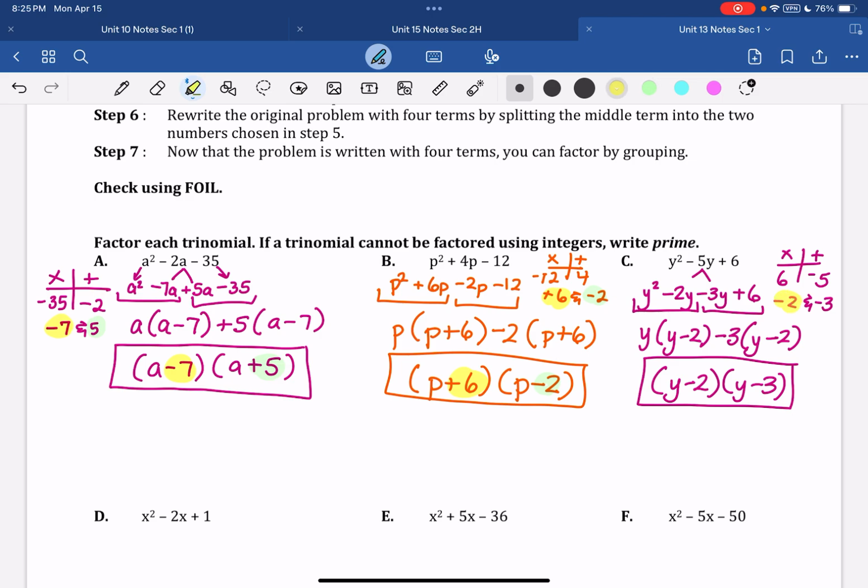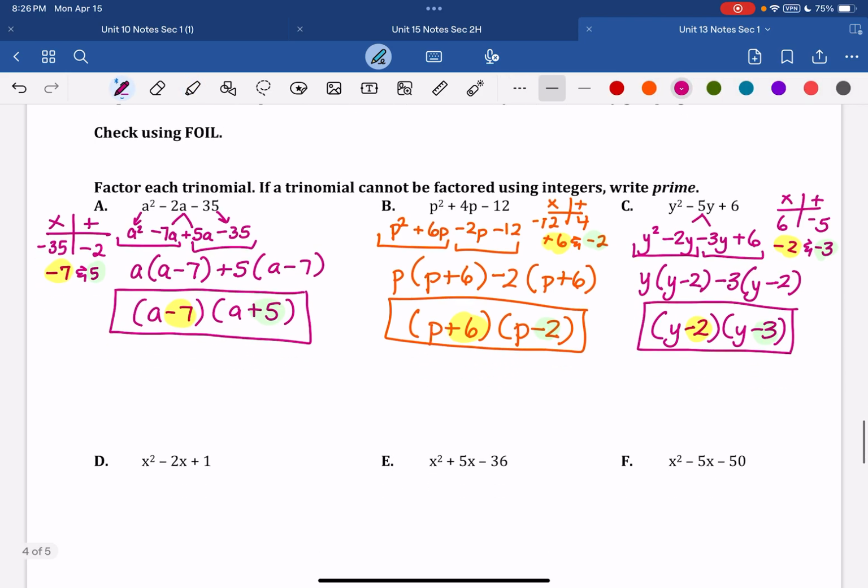Here we had negative 2 and negative 3. So that's the shortcut. Once you figure out what those two numbers are, as long as the first number in the trinomial is 1, so we don't have any number in the beginning, then we just have to find what it multiplies to and adds to, and then put our variable with those numbers in the parentheses, and we're finished.